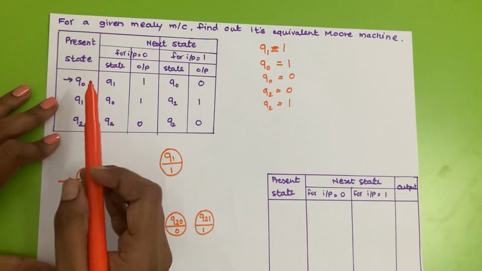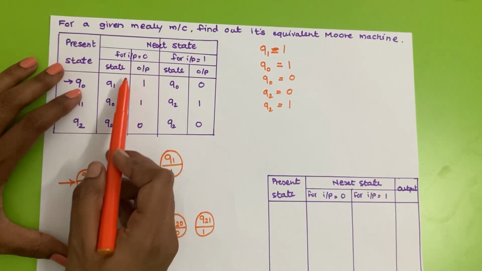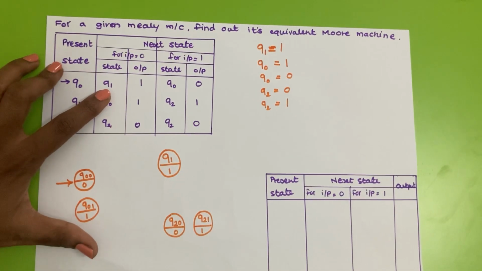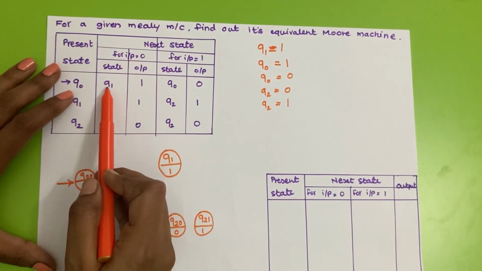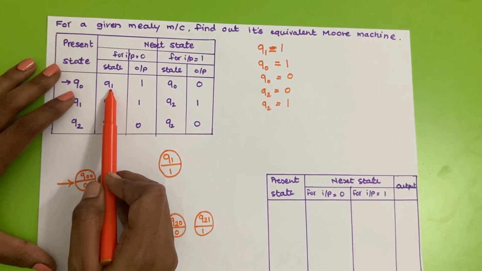Here the first transition is q0 on 0 to q1. That means we are moving from q0 to q1 by taking input symbol 0, but the transition will go to state q1 only.